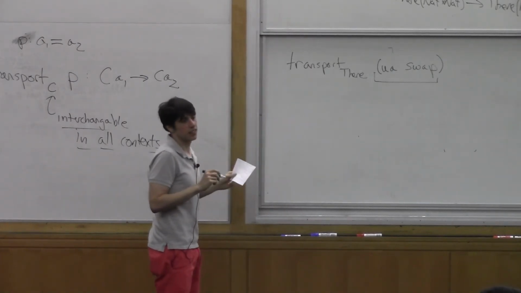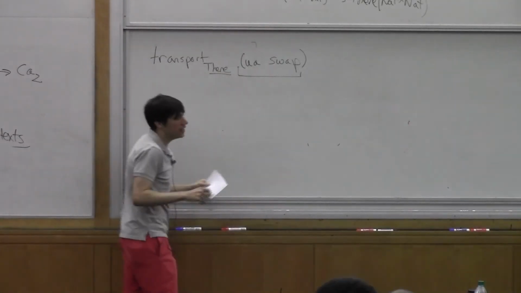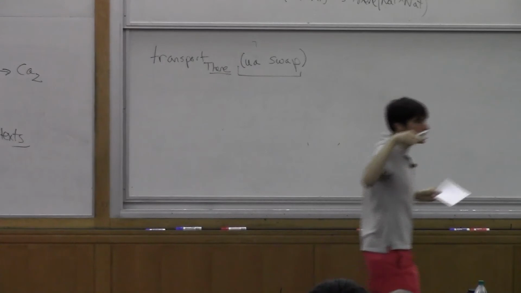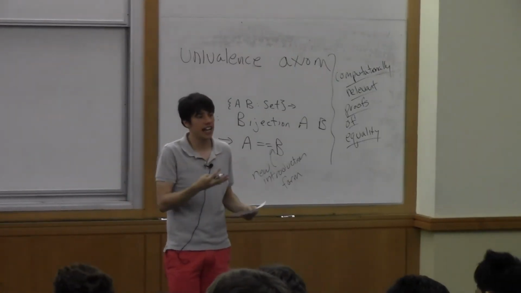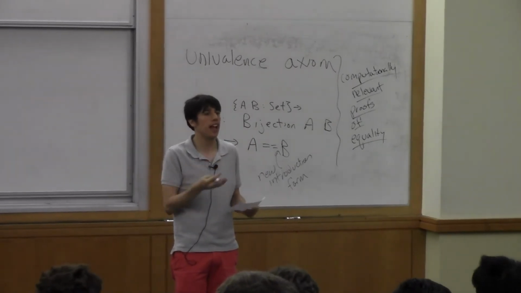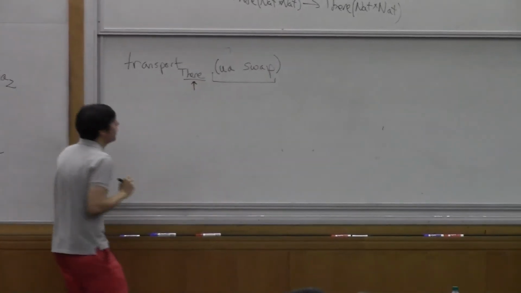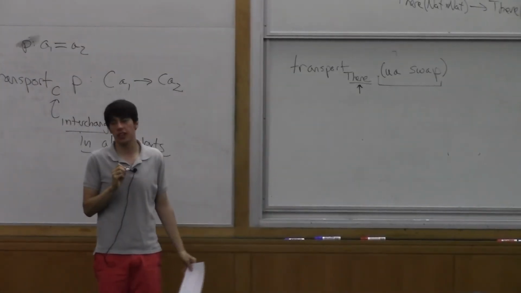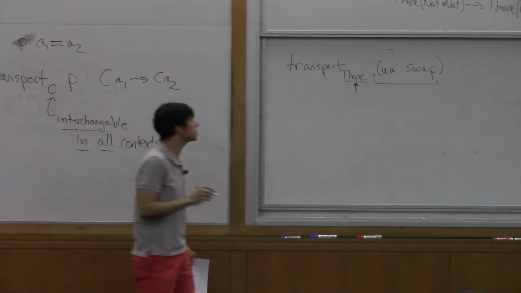Okay. So what do we do when we transport there UA swap? Instead of running the equality proof down to reflexivity and vanishing, we start looking at the context in which we said we would like to apply transport. We look at there. What's the outer type constructor of there? List.